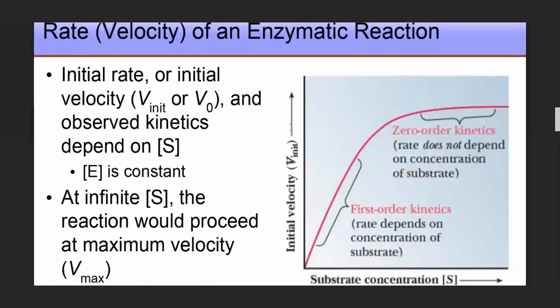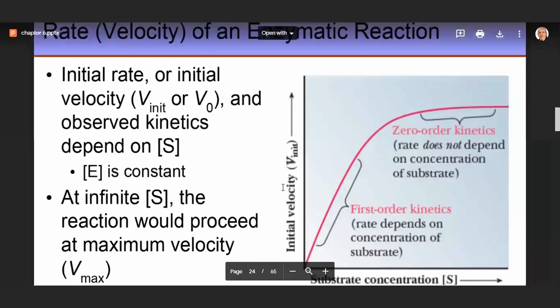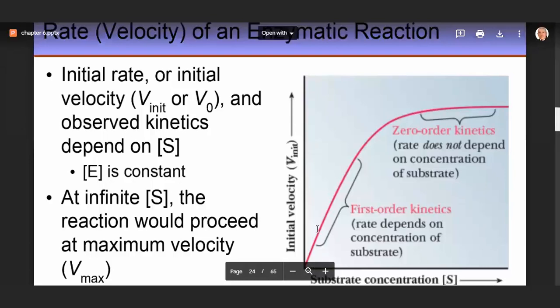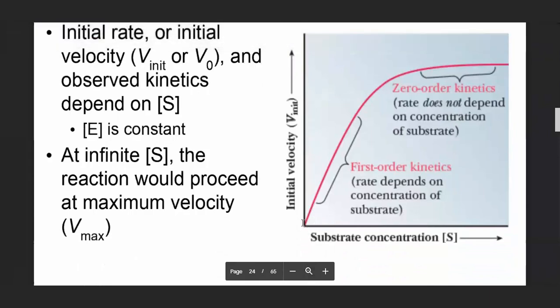Now, in this model, when we plot the initial velocity versus substrate concentration, as you can see here, we will get this hyperbolic type of curve, where at the beginning, increasing the substrate concentration increases the velocity.